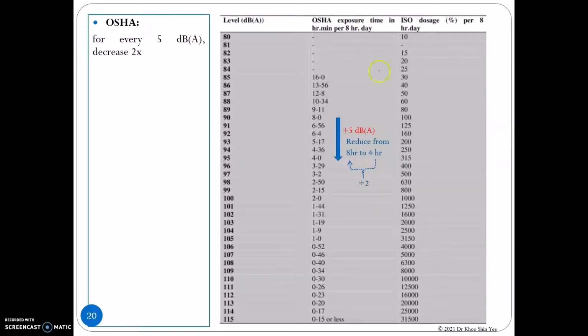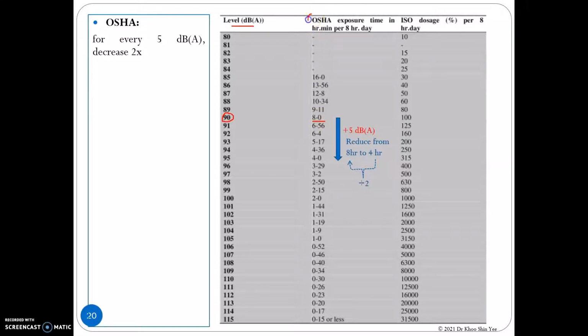In this table, you can see for various sound pressure levels in dBA, the OSHA exposure time as well as the ISO dosage in percentage per 8 hours per day are provided. So you can see for 90 dBA sound pressure level, we only allow exposure for 8 hours and 0 minutes.